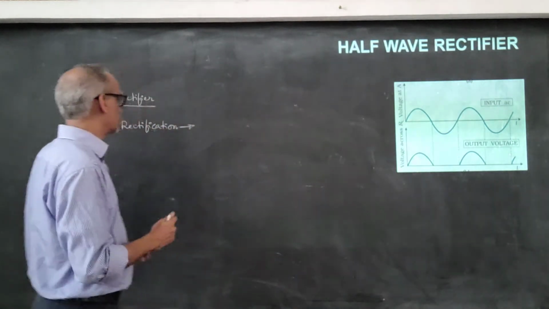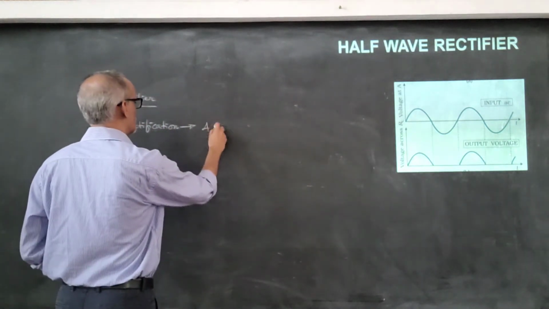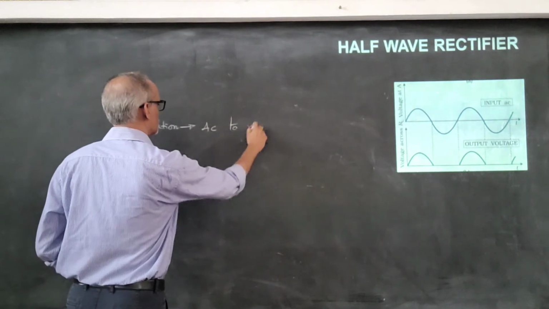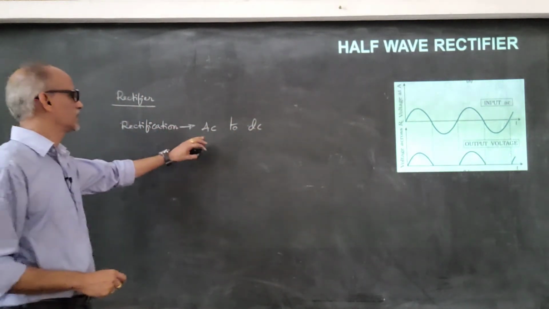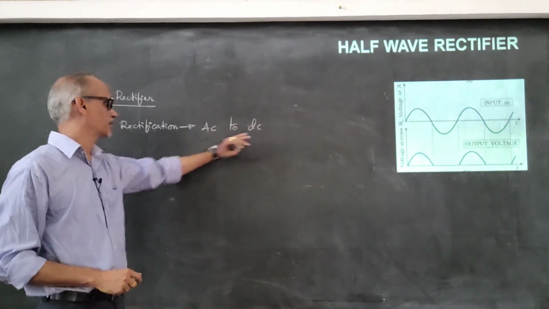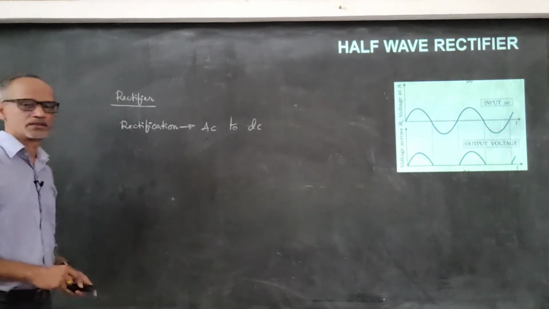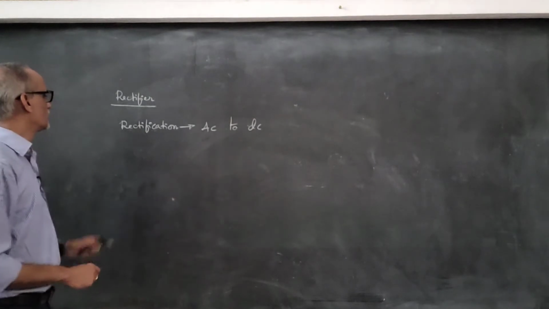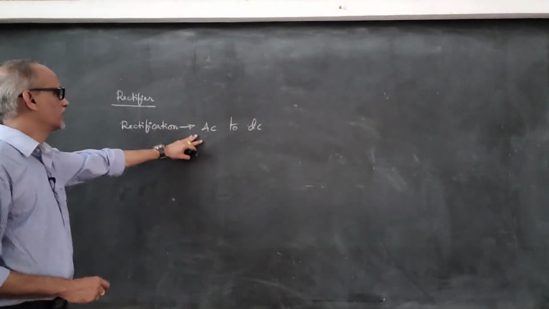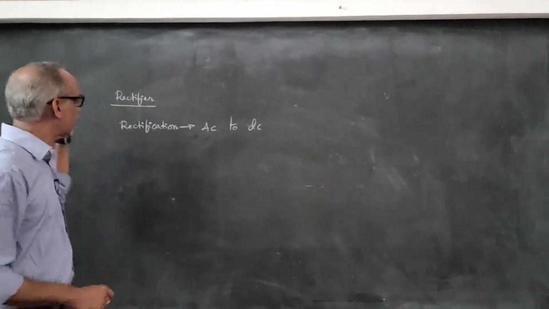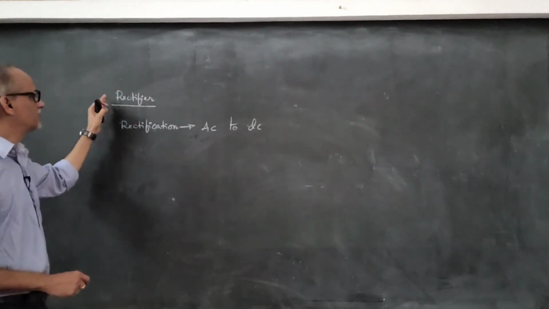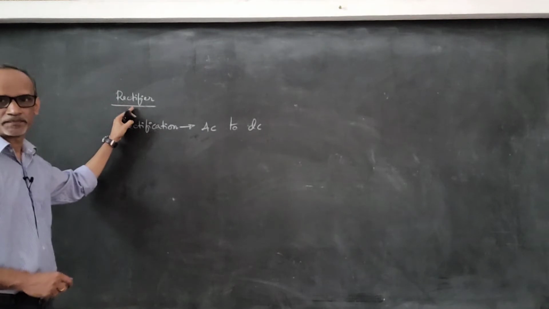And we can always convert this alternating current to direct current. The process of converting an alternating current to direct current is called rectification, and the circuit used for that purpose is called a rectifier.